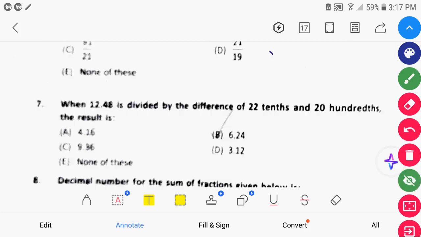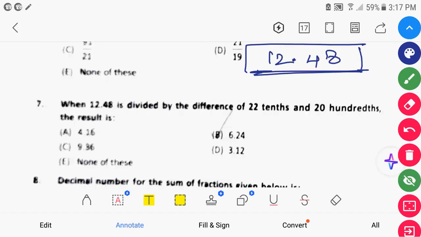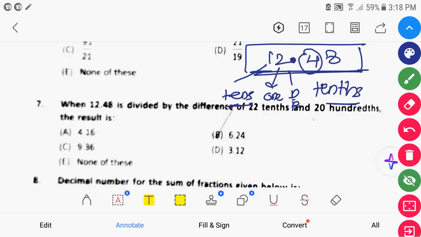In decimals, see, suppose this number 12.48 is there, we had learned about their places. This is the decimal point. This position is known as the ones position. This position is known as the tens position. Now to the right side of the decimal point, this position is known as the tenths position, meaning 4 upon 10, or in other words 4 multiplied by 1 upon 10.